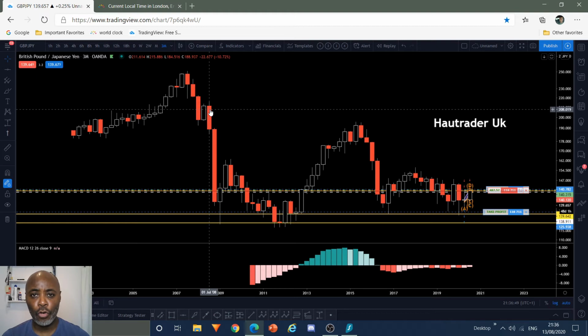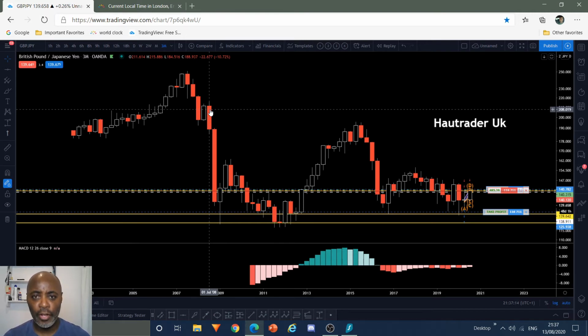And for a small country like this, that is massive. Okay, that's huge. What that actually means, fundamentally, is the British economy is way behind other economies as far as GDP and performance is concerned. And what that should mean is that it's going to take us longer to recover.